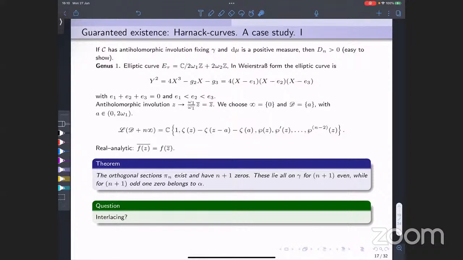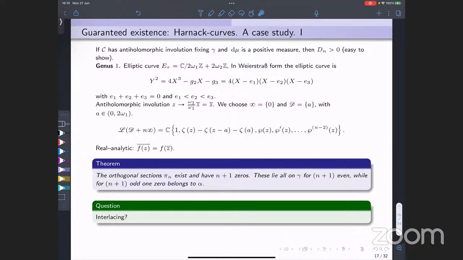Since the pairing is positive definite and everything is real, it works exactly like orthogonal polynomials. The existence is guaranteed because you can prove by standard Andreev manipulation that the matrix of moments is a positive matrix, so no problem. The orthogonal polynomial exists for any degree.